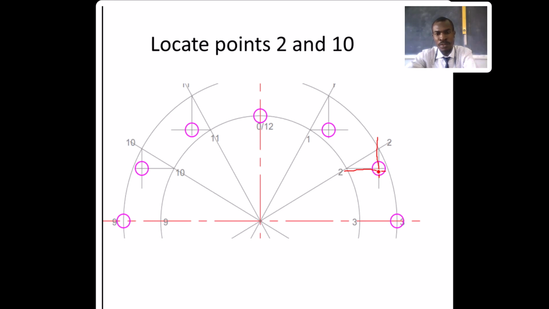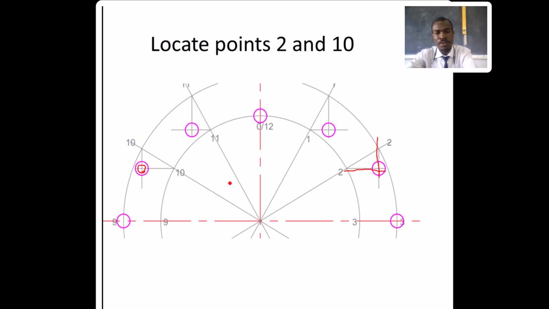Where those two meet, that will be your point 2. You do the same on the other side: a horizontal line where the line is crossing the smaller circle, and a vertical line where the bigger circle is crossing the dividing line. Where they meet, that will be point 10. So we are done with the upper part of the ellipse.